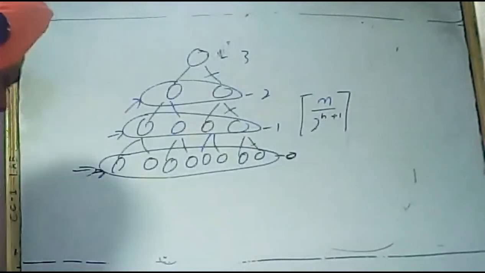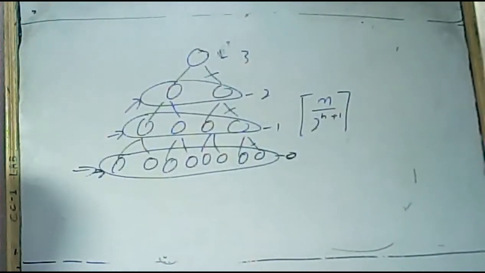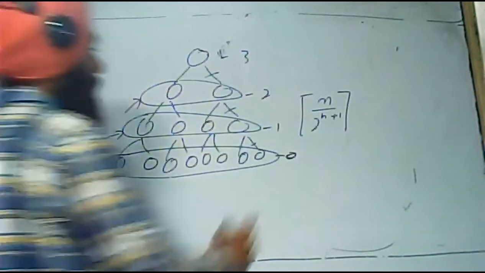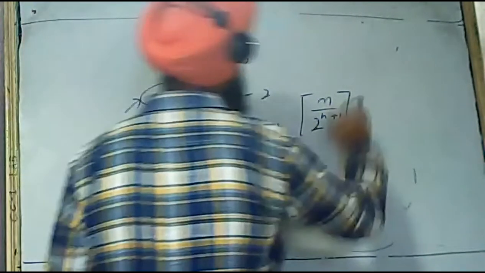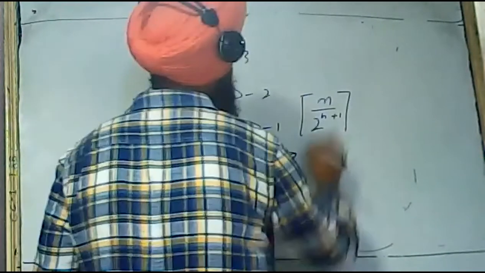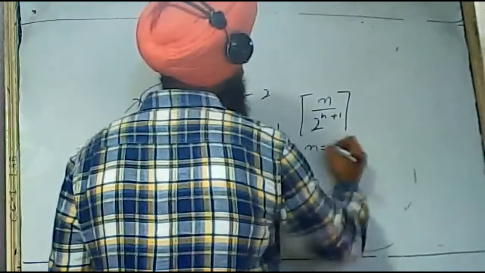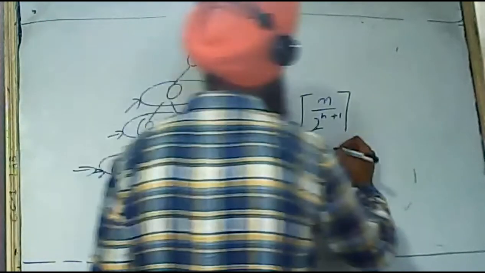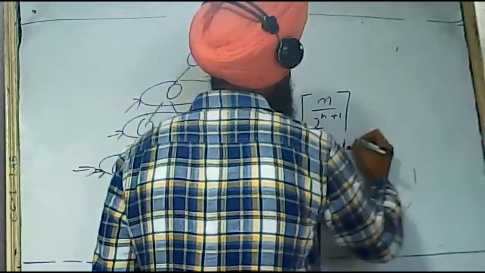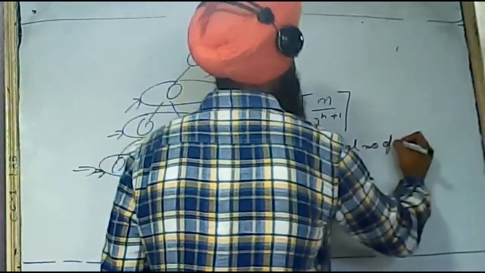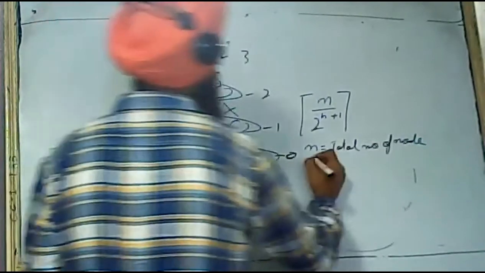So it is nothing but n divided by 2 raised to power h plus 1, its ceil value. What is n here? N is the total number of nodes in that particular tree. What is h here?